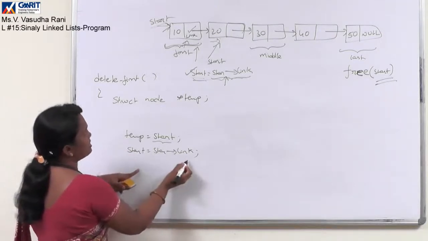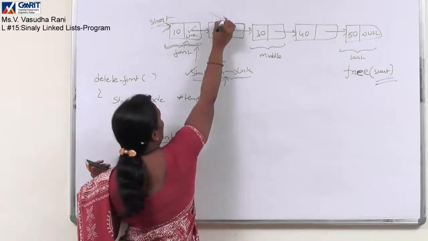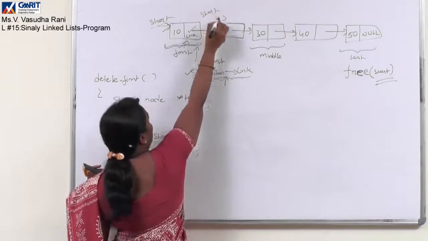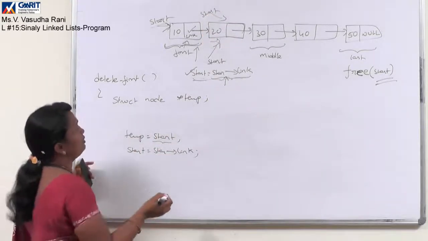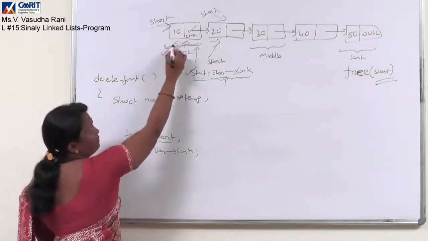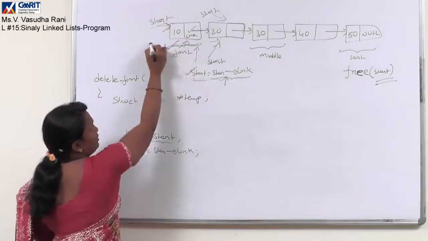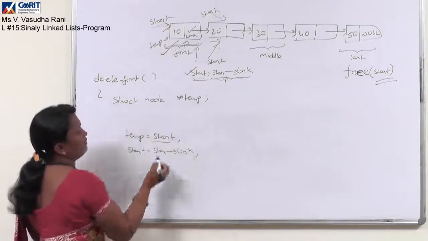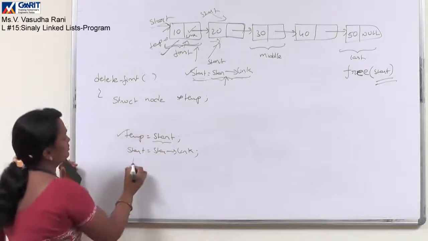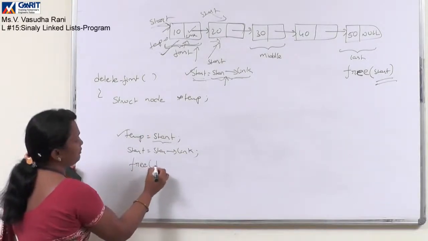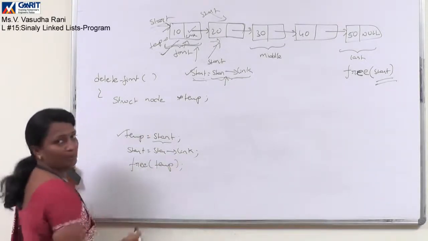With this, your new start pointer is referring to the next node. Now we have to free this node. This particular node is now referred to with your temp pointer. So you can write free of temp.